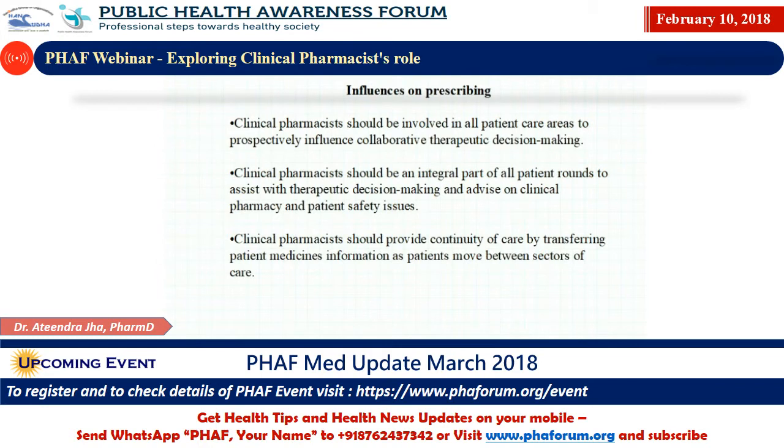Clinical pharmacists have an important role in guiding the healthcare professionals regarding individualized therapy, how they can proceed for individualized therapy, how they can go for evidence-based medicine. It's a role of clinical pharmacists to make the healthcare team aware regarding the individualization of therapy, if needed for any patient.